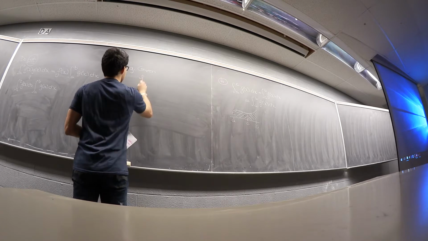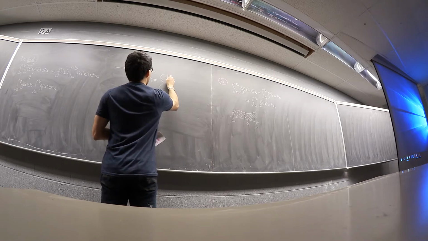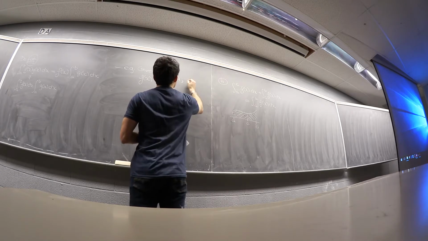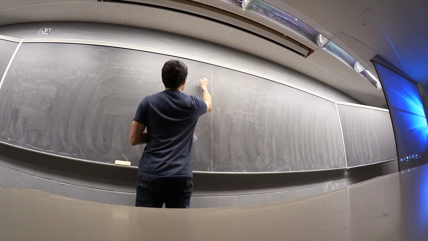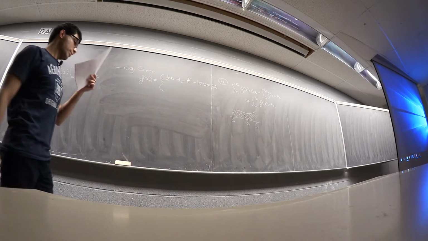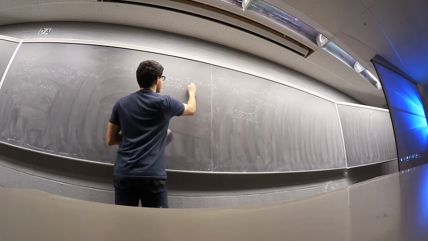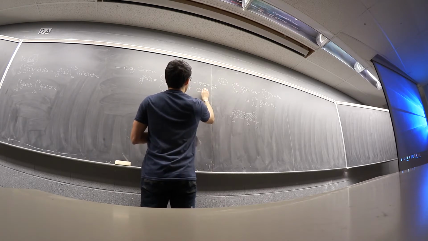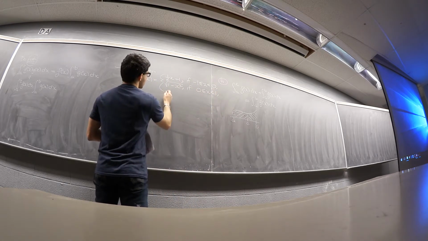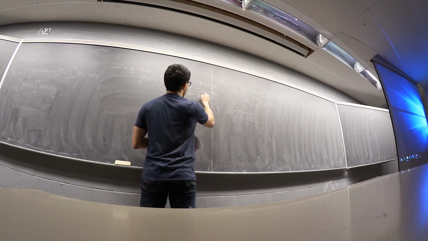So given this unnecessarily complicated looking function: 1/2 x plus 1 if x is between -1 and 0, square root of 1 minus x squared if x is between 0 and 1, and minus x plus 1 if x is between 1 and 2.